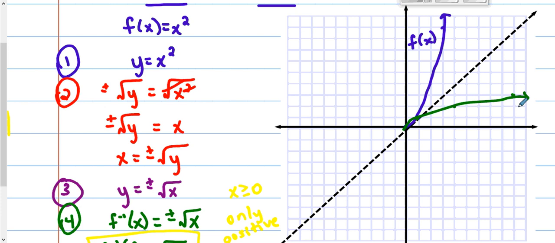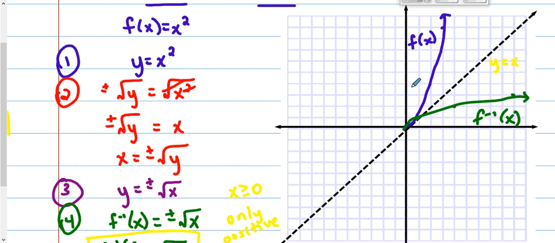Now, this is my f inverse of x. So there's the original function and its inverse. And of course, the graph on the calculator looks a lot better than the graph that I drew. But if you notice, I have a dotted line through here. That dotted line is the line y equals x.